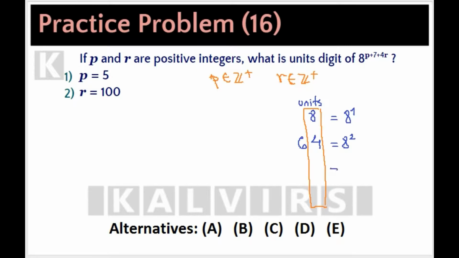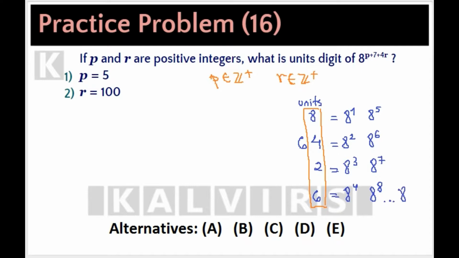Then we get that 8 cubed has a unit digit of 2, and 8 to the fourth power has a unit digit of 6. 8 to the fifth power has a unit digit of 8. 8 to the sixth power has a unit digit of 4. 8 to the seventh power has a unit digit of 2, and 8 to the eighth power has a unit digit of 6.